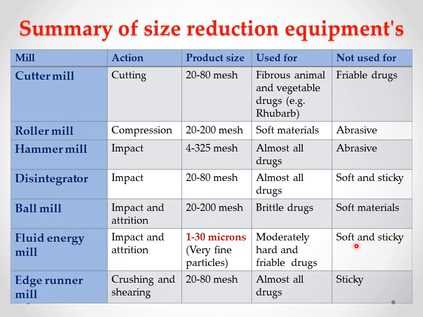But the disadvantage of this mill is that it is not suitable for soft and sticky materials. So from this chart or table, we can judge which mill is suitable for what type of drug, and accordingly we can use it.